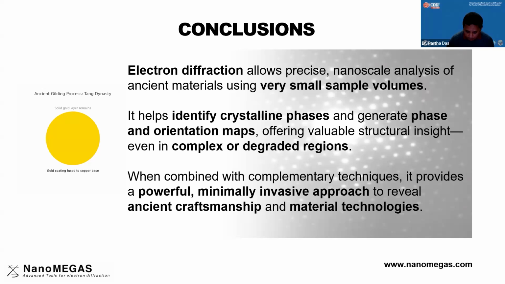But my understanding from seeing all these materials is that it is always good to combine other techniques to understand the technology used, or the materials or corrosion products growing in these ancient materials.